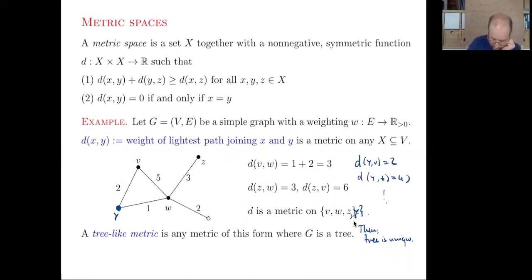Okay. And so the graph is not uniquely determined by D. This is only true for trees.